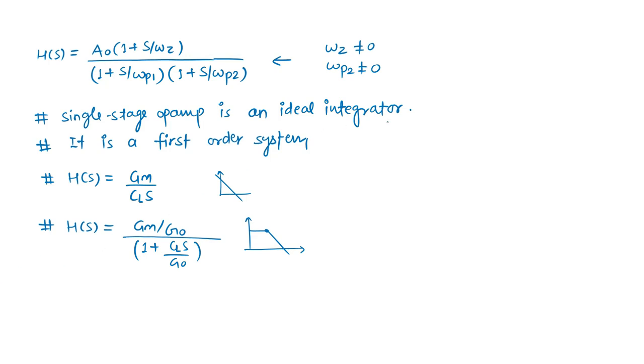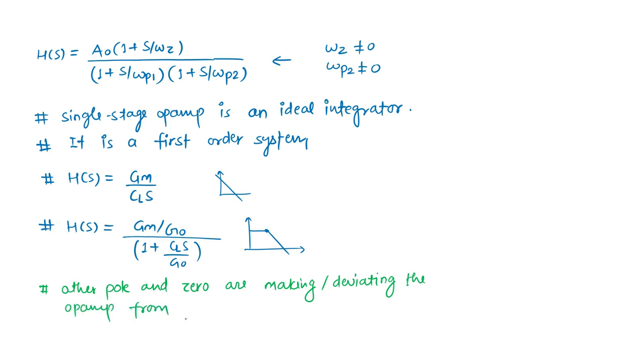The other pole and zero are deviating the op amp from ideal first order characteristics.